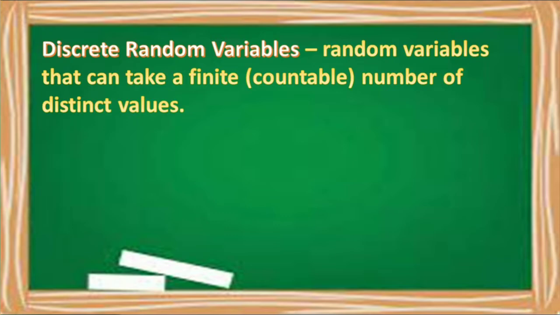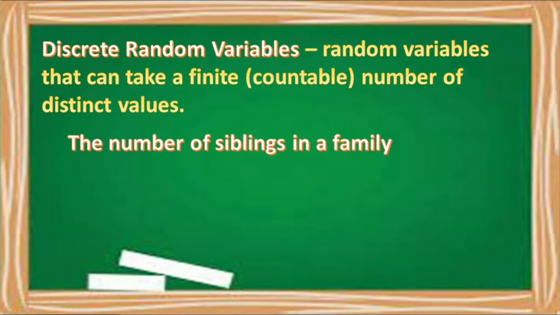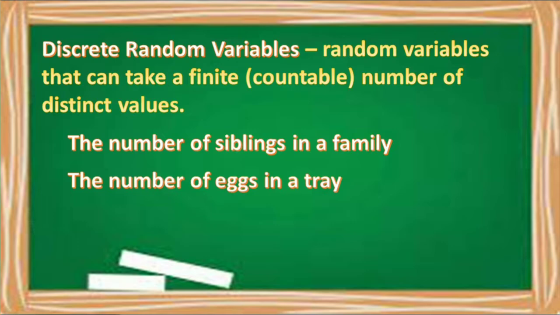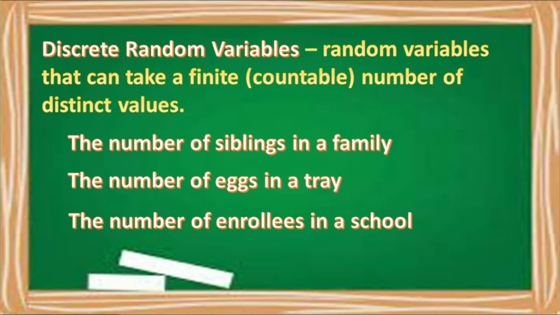And values are always in whole numbers. Let's have some examples. The number of siblings in a family, the number of eggs in a tray, the number of enrollees in a school.